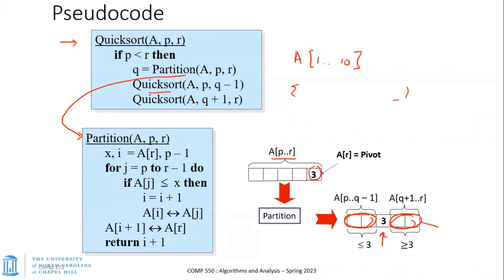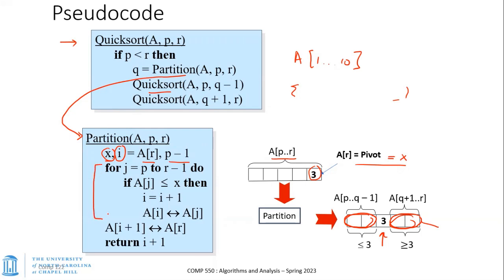The partitioning is done in the following way. We assign X to be A[r], the pivot, which is the last element in the array. We start off with I being P minus 1, and we'll look at an example very shortly.